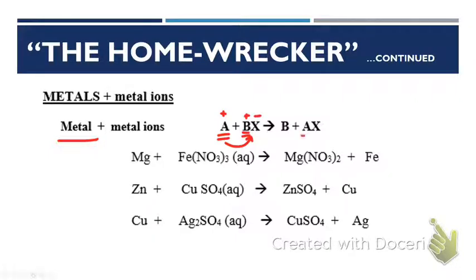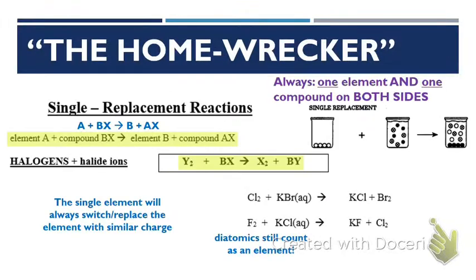So now A is coming in and reacting and getting with X instead of getting with B. So what I said previously was that the single element will always switch with the same charge. We'll worry about that more later. And just like with these halogens that I mentioned, halogens do tend to be diatomics. And so even though we see that 2 there, this is still an element reacting with a compound. And so this is single replacement.